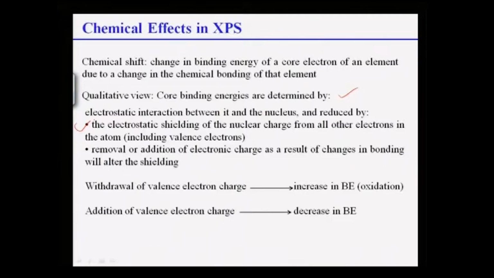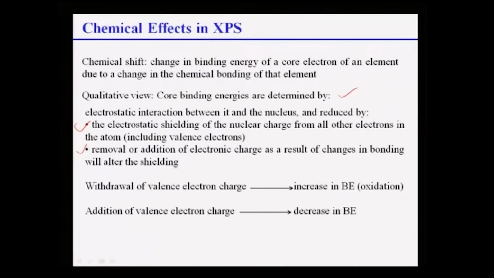The second factor is the removal or addition of electronic charge as a result of change in the bonding, which will also alter the shielding. As an extra electron comes, that can alter the shielding. So the core binding energies are dependent on these two factors.